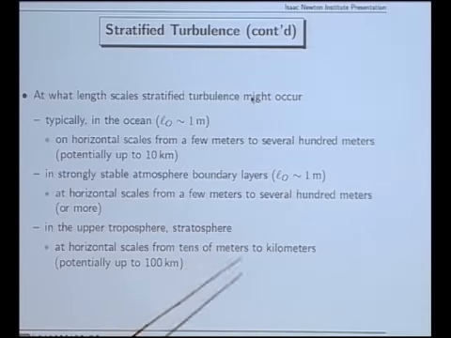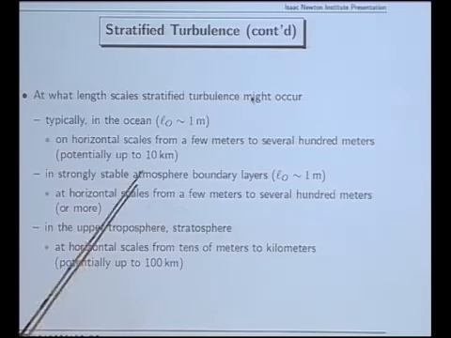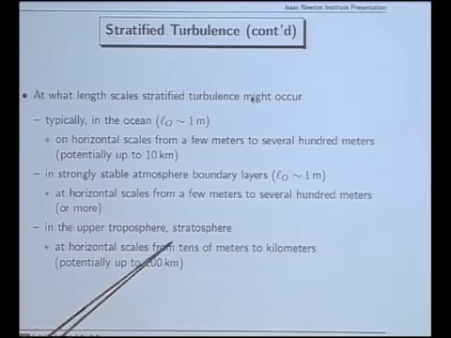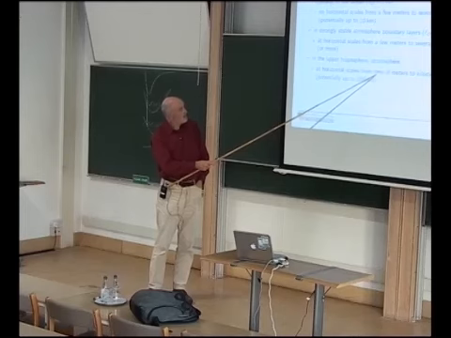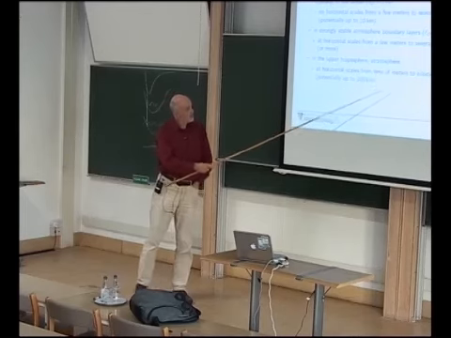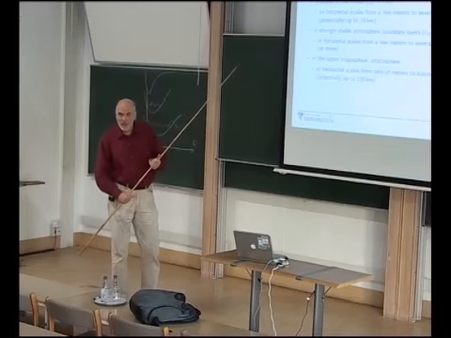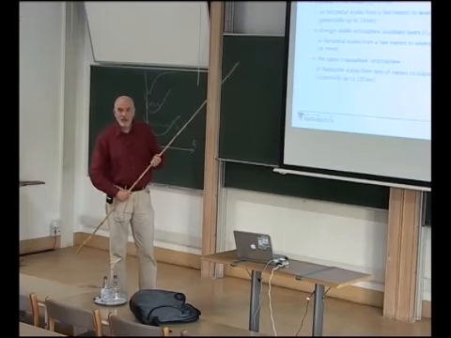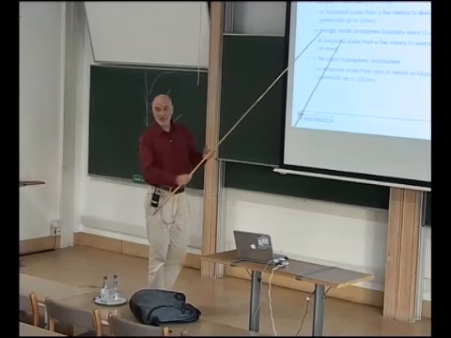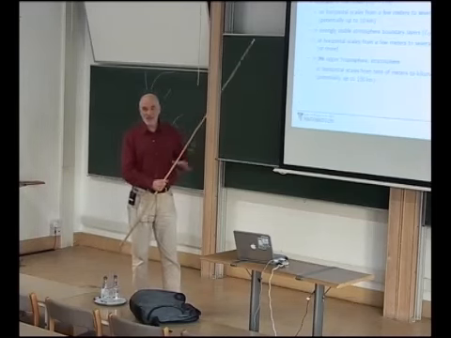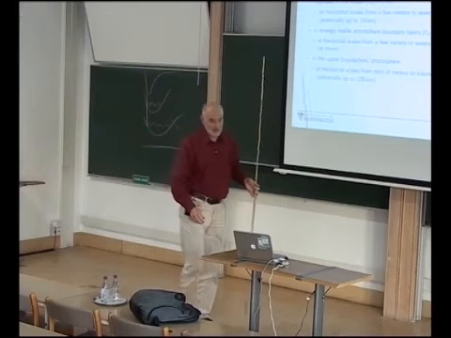In strongly stable atmospheric boundary layers, like nocturnal boundary layers in the middle of the night or early morning, there's at least some data that shows the Azimuth scale is about 1 meter, and we could see stratified turbulence up to several hundred meters. In the upper atmosphere, I have no data, but it might be that the scales range from tens of meters into the kilometer range. And there are some arguments that Eric's making that it may go larger.